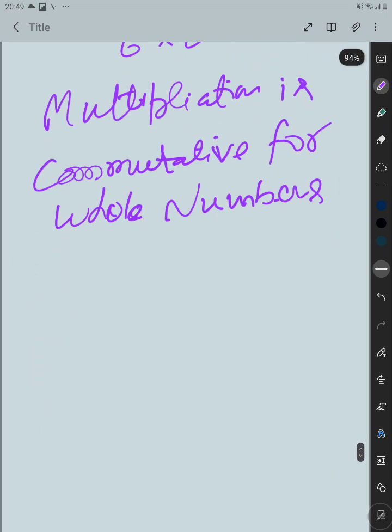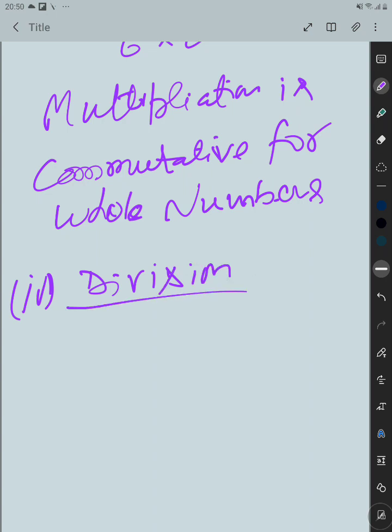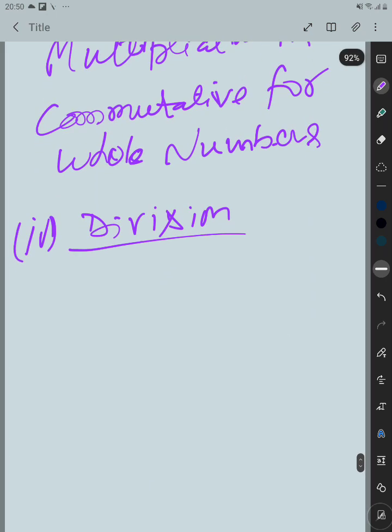So till now we have studied that for addition and multiplication whole numbers are commutative, and for subtraction it is not commutative. Now the fourth is division. It is very obvious that it will not be commutative either, but anyway we need to explain it.